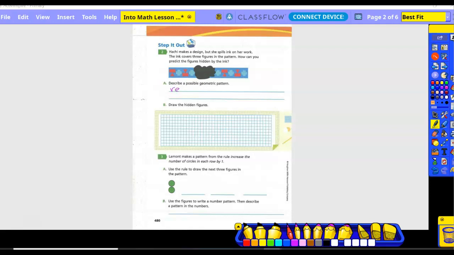So a red rectangle. A red triangle. Okay, and then what's the blue? Like maybe a blue or a turquoise cross, right?